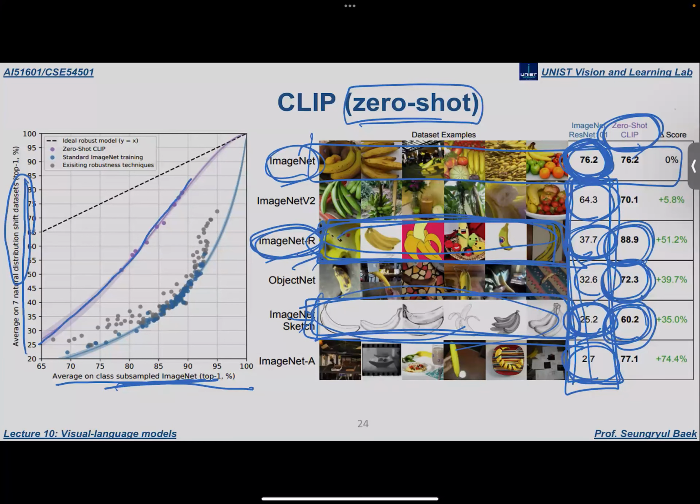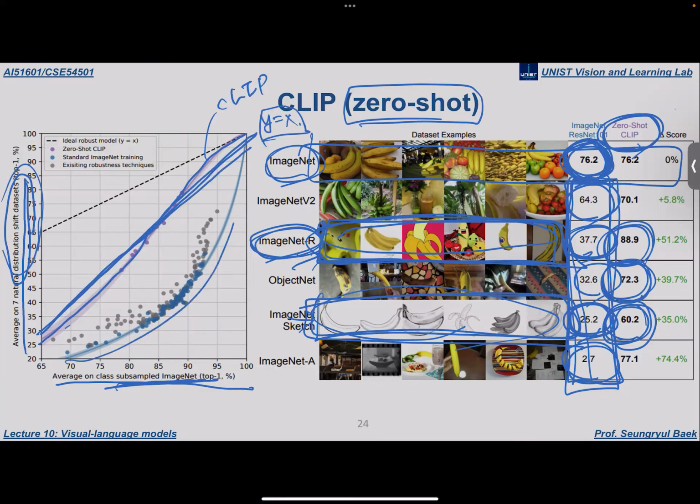This purple line shows CLIP's performance, and it's almost a straight line, y equals x. CLIP exhibits similar performance for the original trained data and domain shifted data.